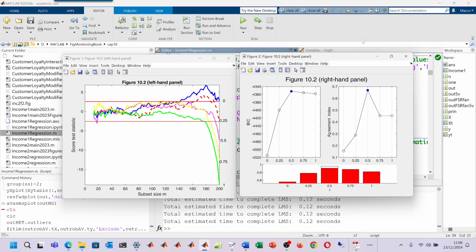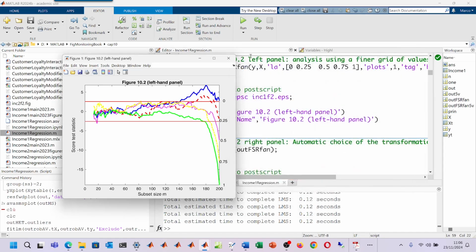Although it is clear that the values of the score statistic are influenced by some observations entering towards the end of the forward search. And this leads to the trajectory of 0.5 falling outside the confidence bands.